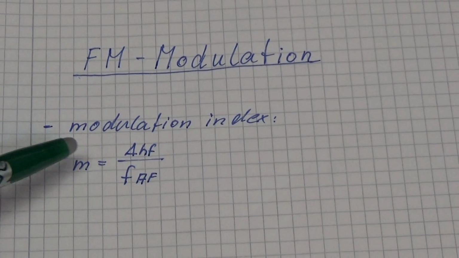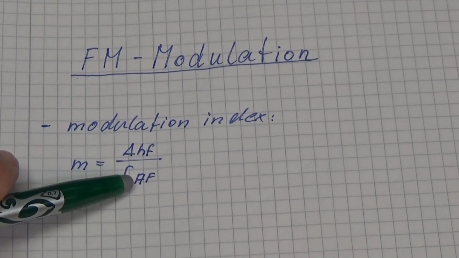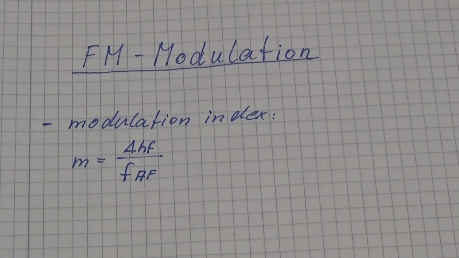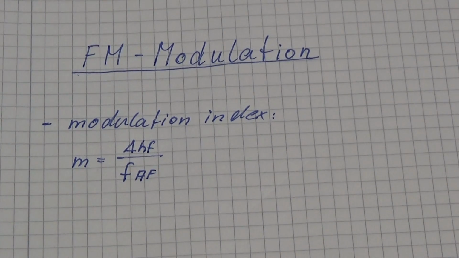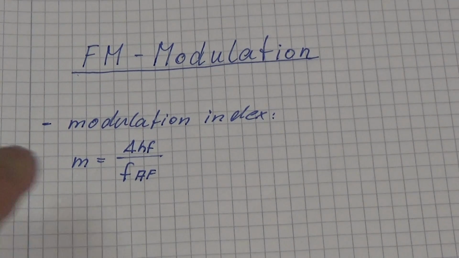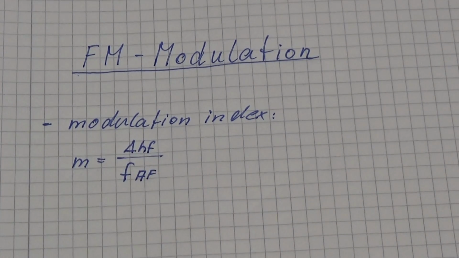With both parameters we get our modulation index, and that is very important because we will now see how we can find our deviation, which is delta HF, with the modulation index, or basically with this formula.